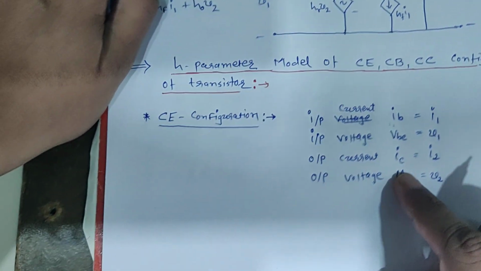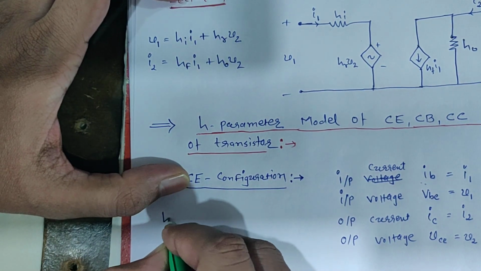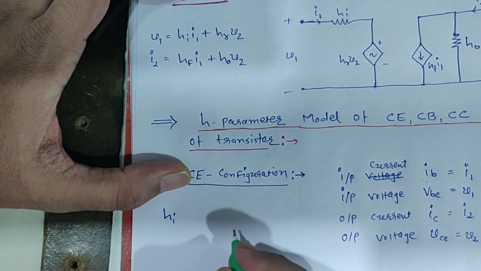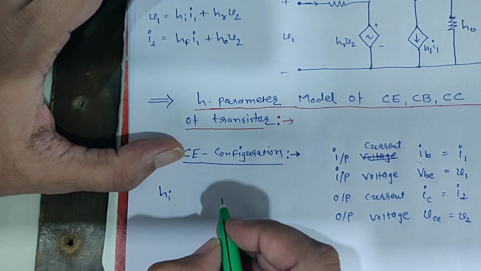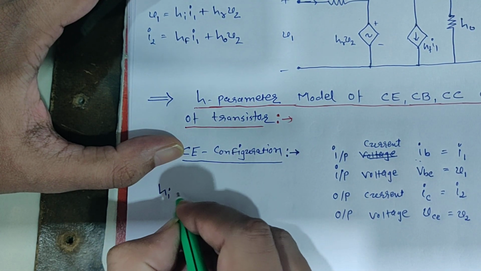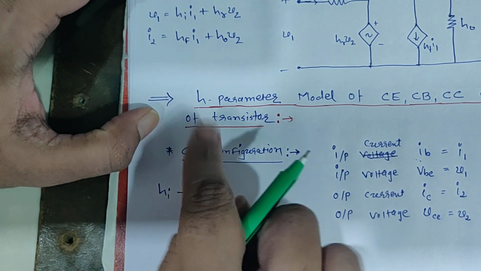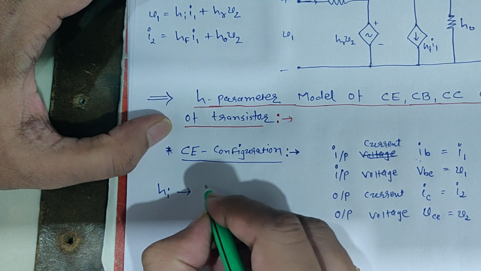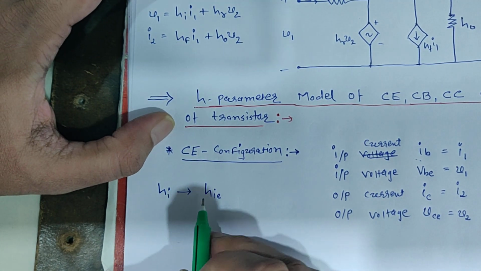One more thing: the H parameter HI is the input impedance, but it is the general input impedance for the transistor. If we want to write the input impedance for common emitter configuration, then we have to write HIE. What does it indicate?